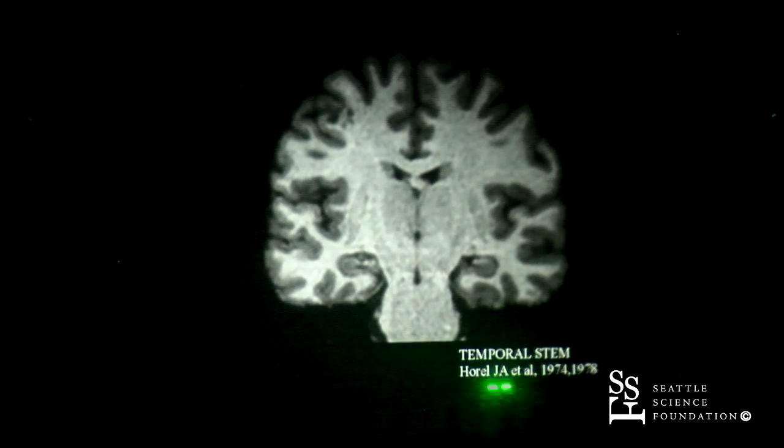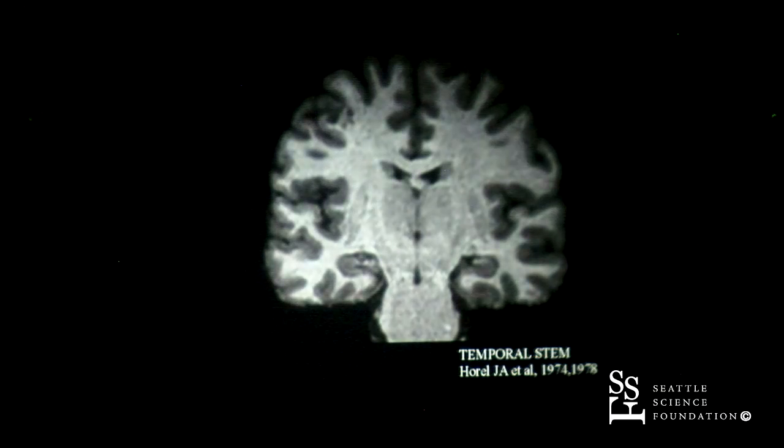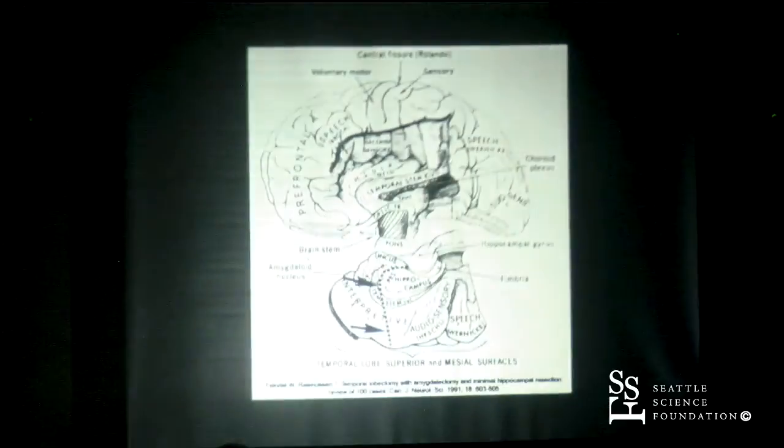And this name came with Van Horel, who I think was a radiologist, and he referred to that in coronal cuts of the brain itself, and of course of neuroimaging of it. You have this white matter of the temporal lobe, and you have just a stem here, just like a tree, you know. So he referred to this, where all these fibers get together, as being the temporal stem.